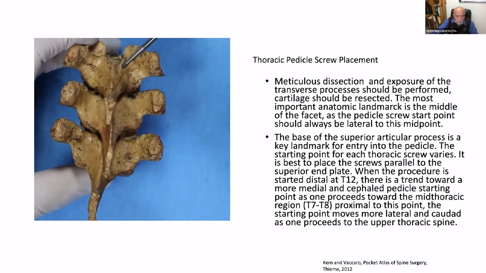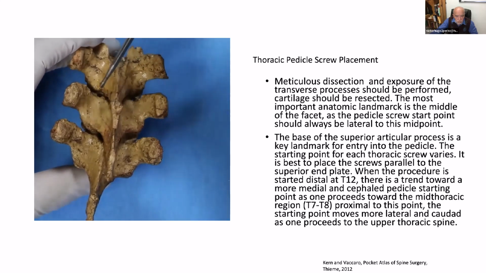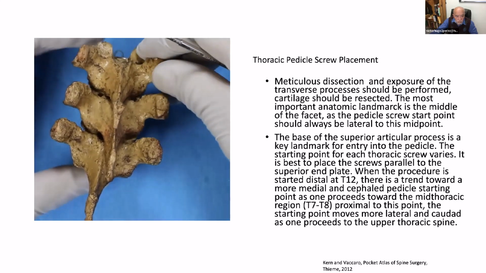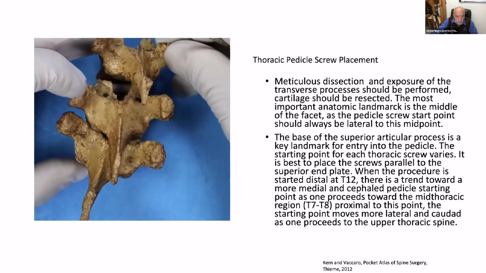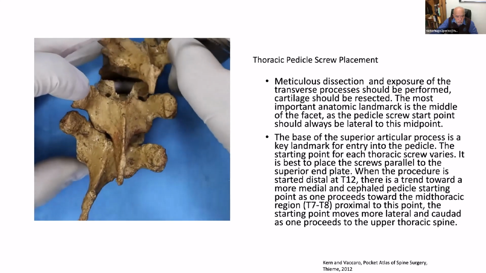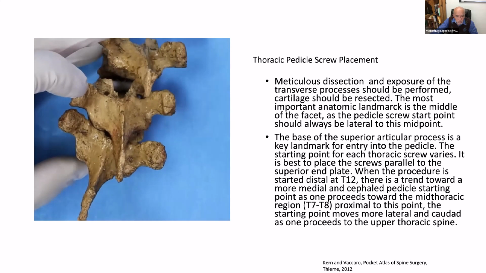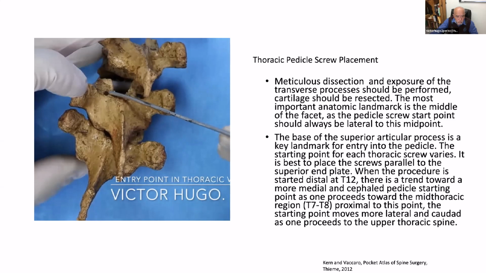The most important anatomic landmark is the middle of the facet. I'm going to separate these 4 vertebrae in order to show you the facet. This is the facet, this one, and this is the middle of the facet.